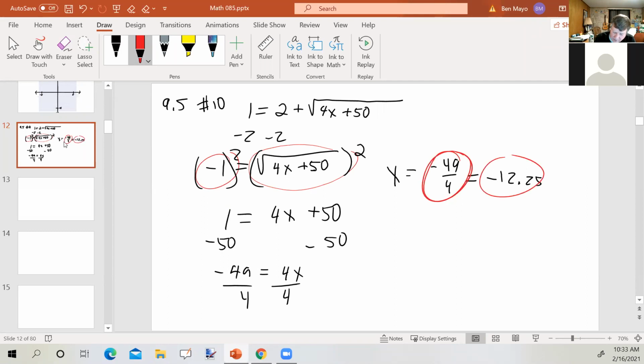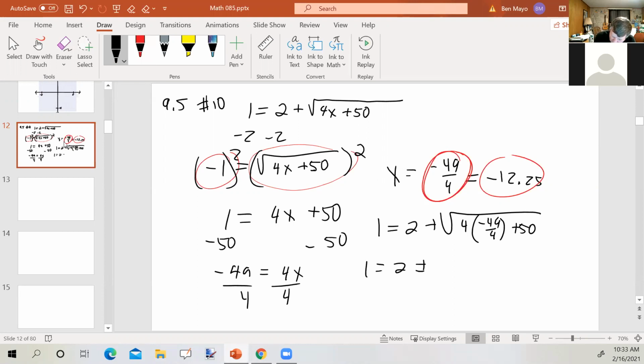All right, now I'm going to take that solution and plug it back into the original equation to see if it works. I'm going to use the fraction. So now I get 1 equals 2 plus the square root of 4 times the quantity -49/4 plus 50. Sorry, I keep wanting to write plus or minus, and that's something coming up later. 4 times -49/4 would reduce down to -49. -49 plus 50 would reduce down to 1.